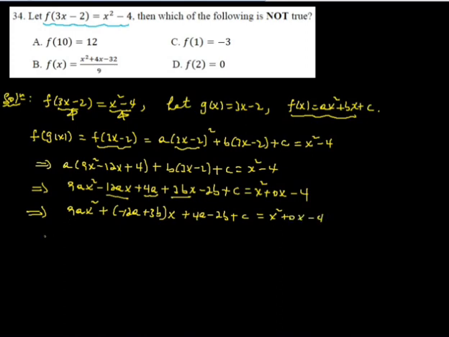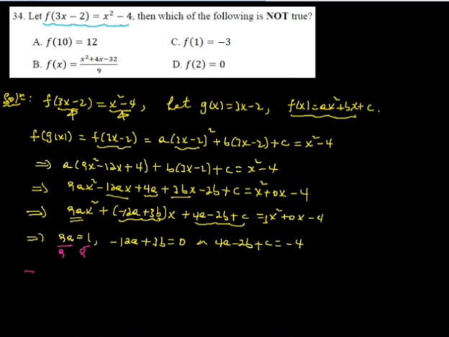Okay, so by comparison, 9a should be the same as the coefficient here. Okay, 9a should be the same as 1, and the coefficient of x here, minus 12a plus 3b, is equal to 0, and the constant term 4a minus 2b plus c is equal to minus 4. So here we can get a, dividing both sides by 9, a will be 1 over 9.